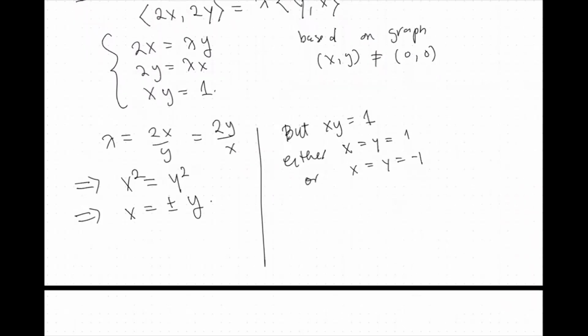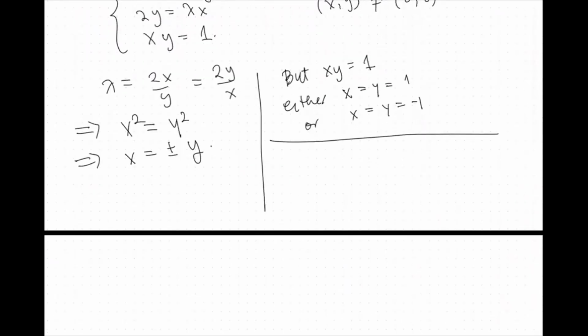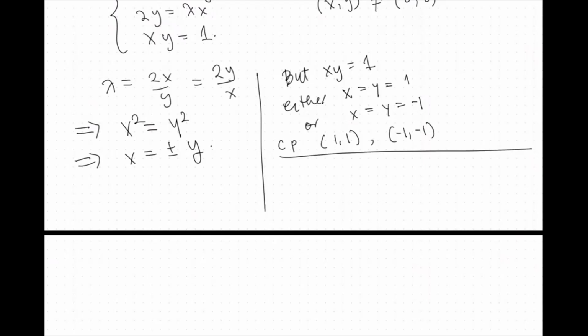This means we get two critical points: 1, 1, and -1, -1. So we will inspect what happens at the critical points.